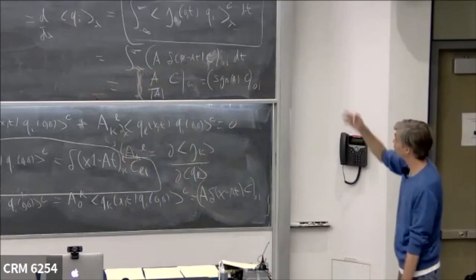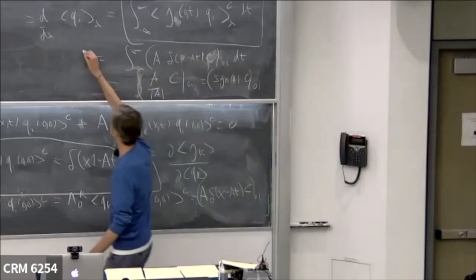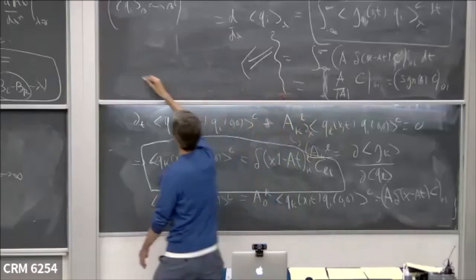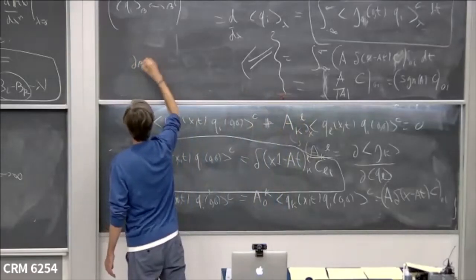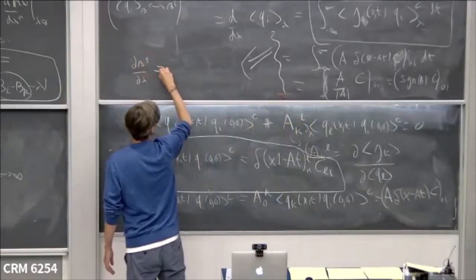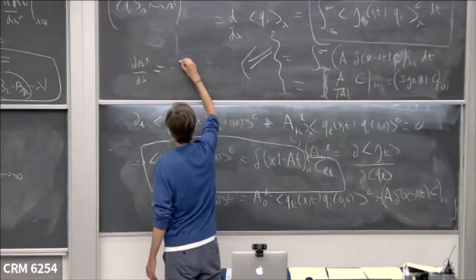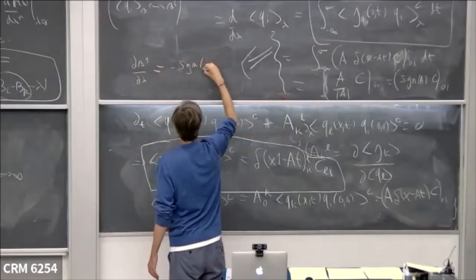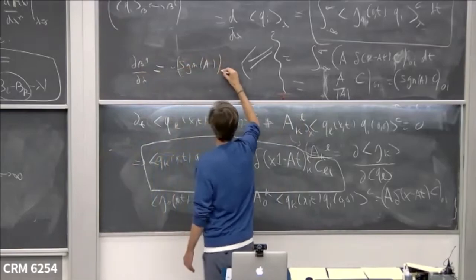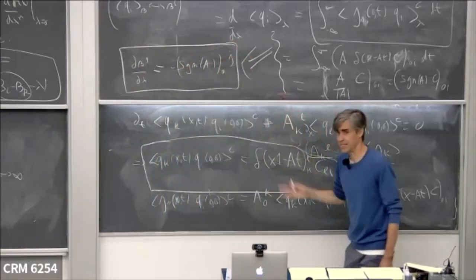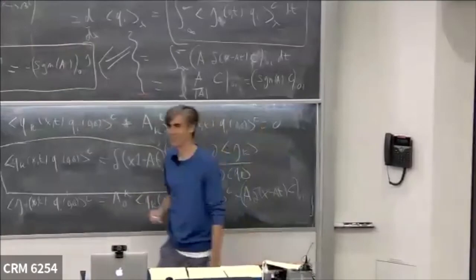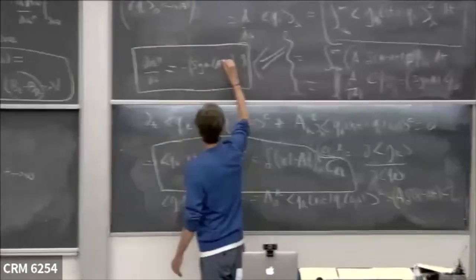Now you want to compare with that. So you conclude out of this that d beta_j over d lambda is equal to minus the sign of matrix A, and this is 0j. That's it. That's the flow equation. So you solve that. A depends on lambda, of course.